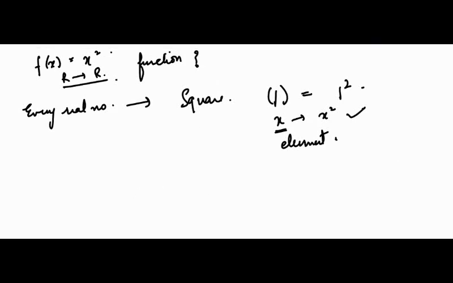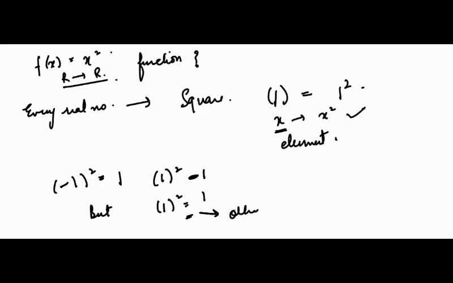Although it is possible for elements to have the same images, that is, -1 square is also 1 and 1 square is also 1, it is not possible that 1 square is 1 and also some other number. 1 square is only 1, that is, you have a unique image.